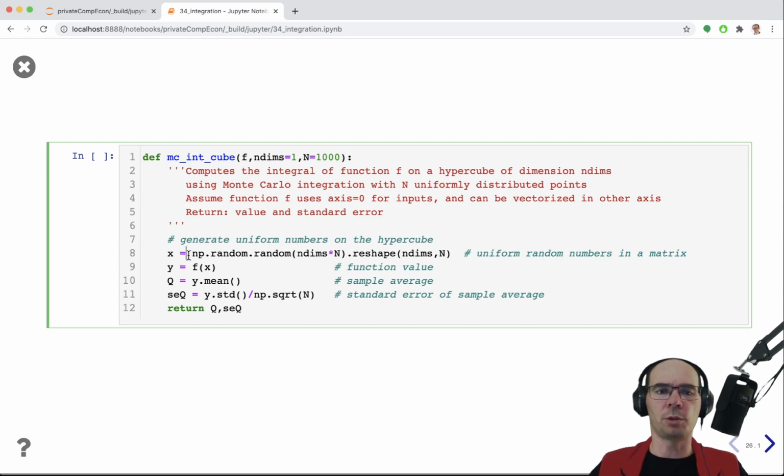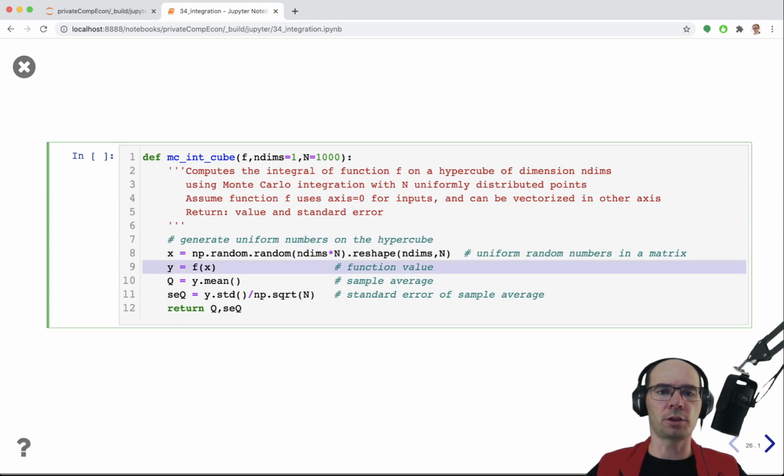So first of all, we need to draw random realizations from the uniform distribution, and we're using the uniform distribution here. How many points do we need? Well, we're going to have n, capital N, of multidimensional points, and I'm generating here each coordinate of those points and placing the coordinates in the columns of this matrix, right, by reshaping. So we have n dims times n random numbers, and we are making a matrix out of them.